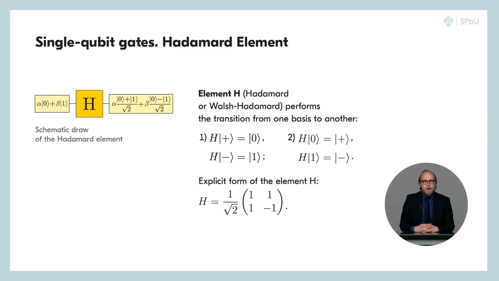Using the explicit form of the Hadamard operator, or the fact that it converts the state vectors 0 and 1 into state vectors plus and minus, and the states plus and minus into the state vectors 0 and 1, it is easy to show that the square of the Hadamard operator is equal to the identity matrix.